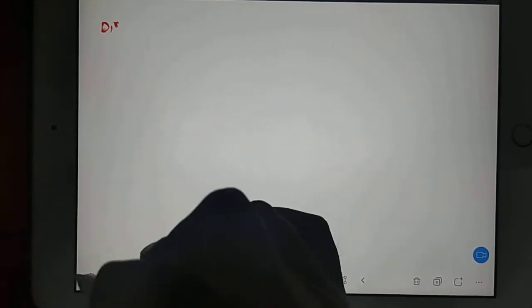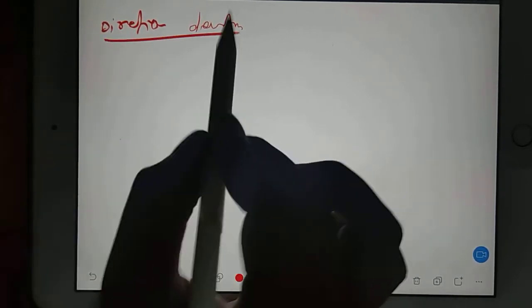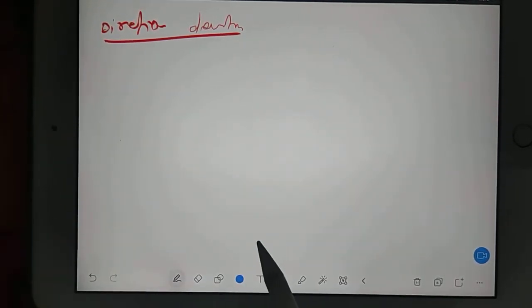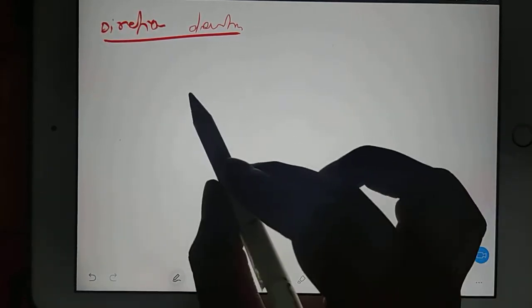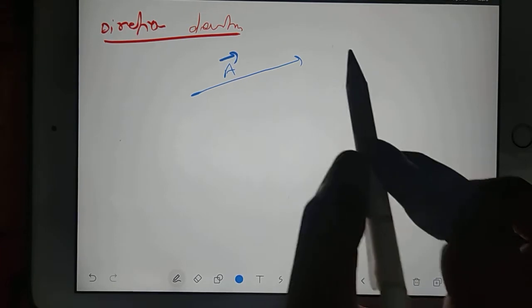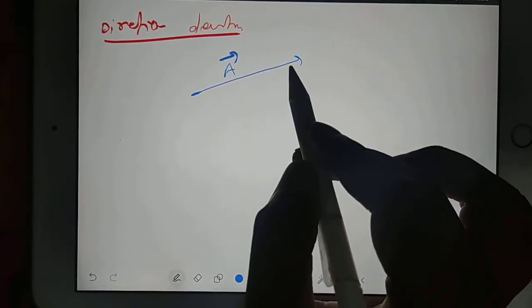So now we'll go for directional derivative. Let's understand the logic of directional derivative. What is directional derivative? Suppose you have any vector A and this is having a particular direction, you can see on the screen.